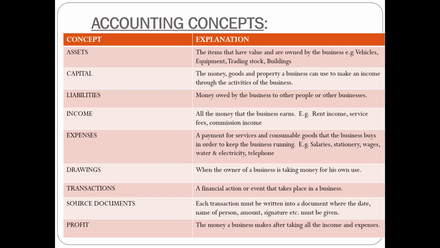What he does, he takes some money out of the till. So he's taking money for his own personal use to go and pay the school fees the next day. But the school fees has actually nothing to do with his business. Okay, so it's for his own personal use. Remember these words, for his own personal use. And that is called drawings. So again, drawings is when the owner of a business is taking money for his own personal use.